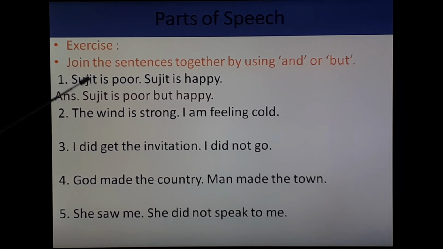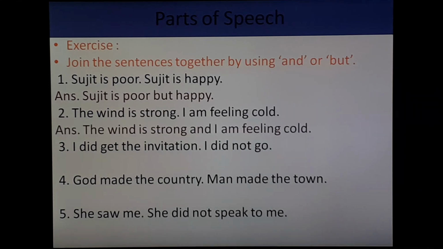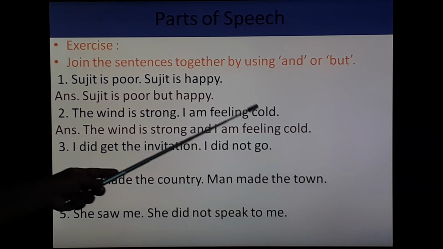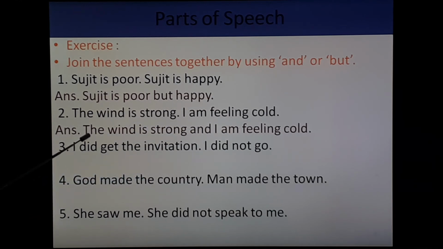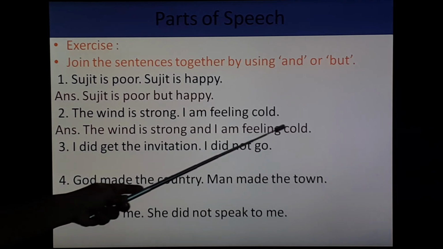First, Sujit is poor, Sujit is happy. So here, poor, happy, contrasting words. That's why we will use here but. Sujit is poor but happy. Second, the wind is strong, I am feeling cold. Here, the wind is strong and I am feeling cold.